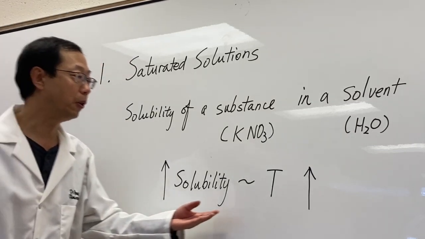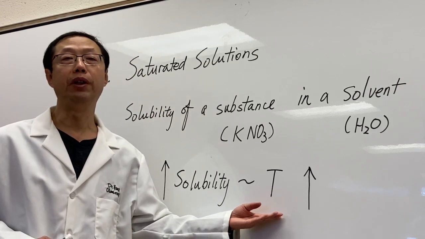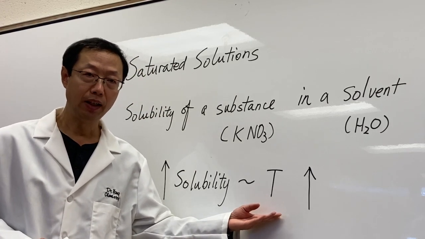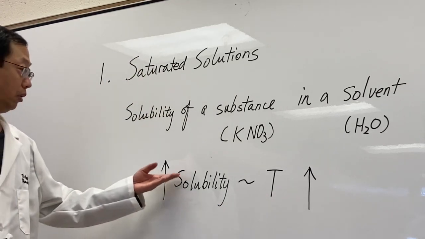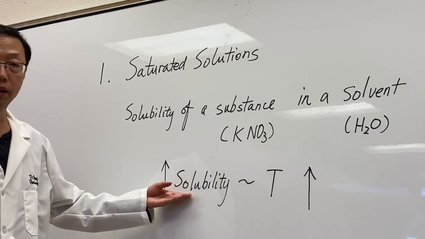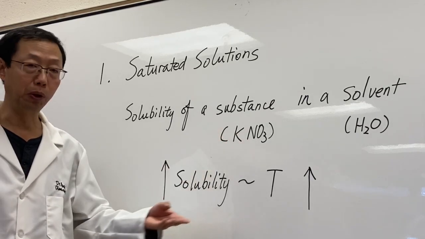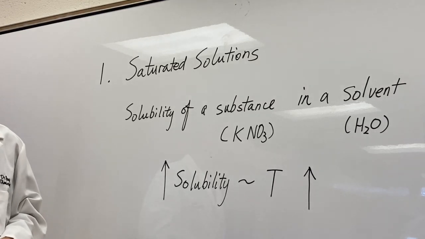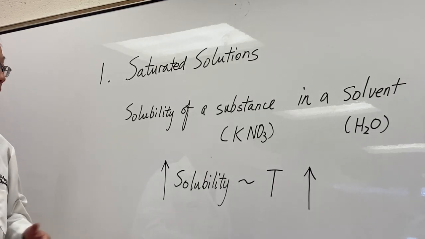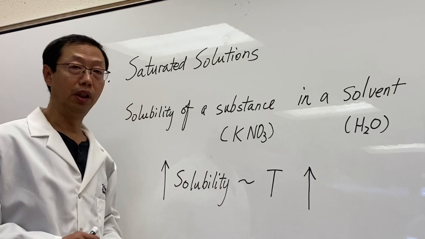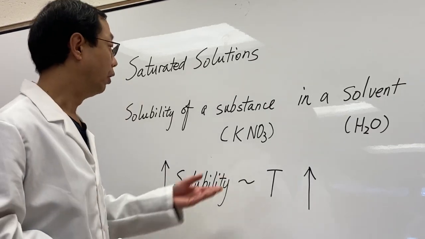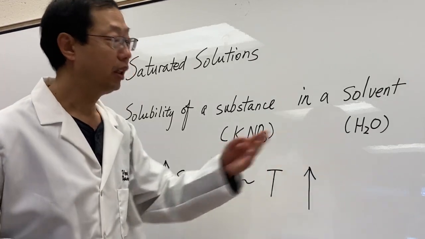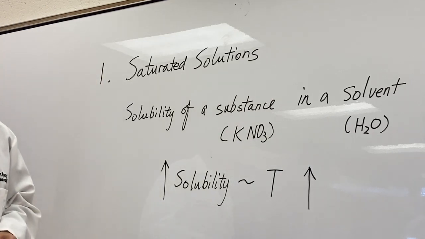Then we will increase the temperature to 50 degrees Celsius. By that time, we will keep adding additional potassium nitrate to it until it doesn't dissolve anymore. By doing that, we observe the solubility of potassium nitrate in water at different temperatures.